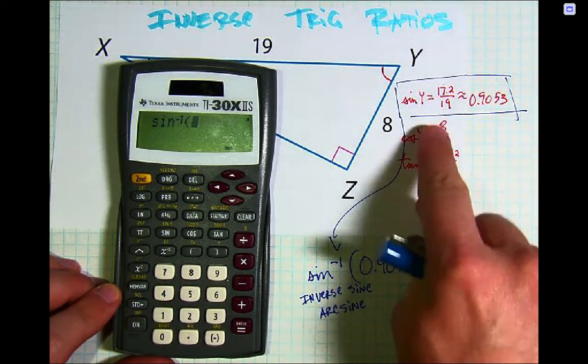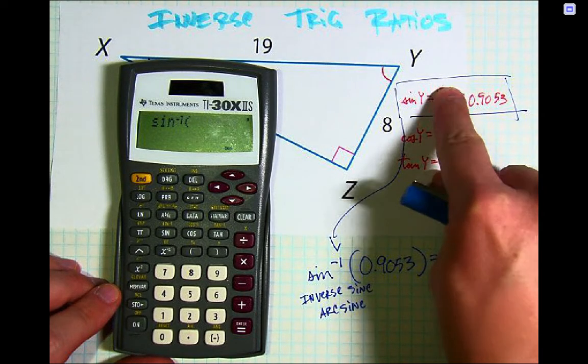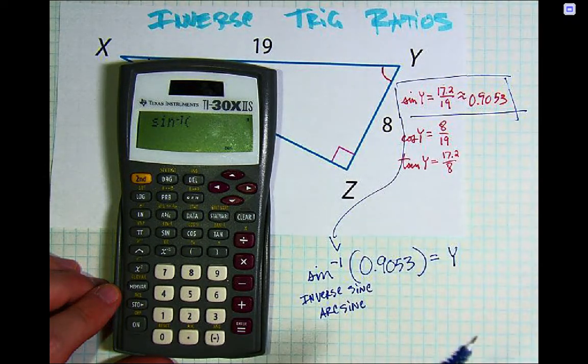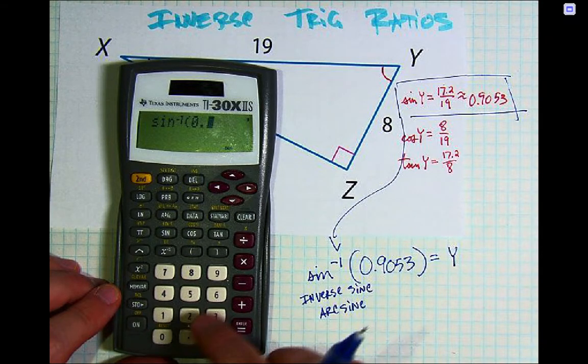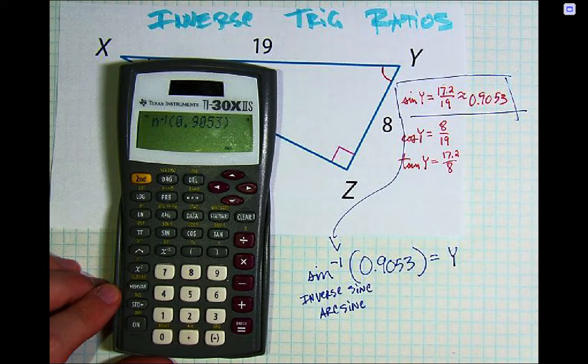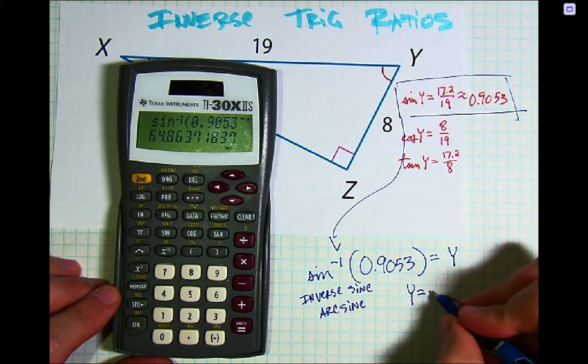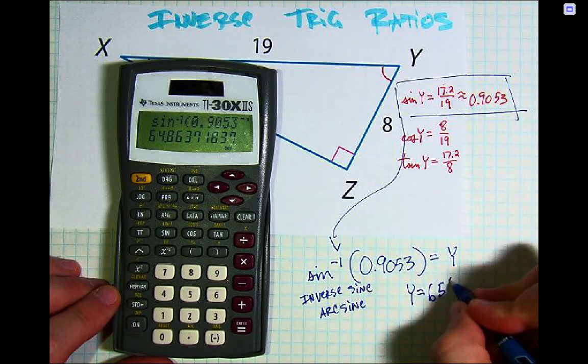And then I can put this decimal, or I could just put this ratio if I wanted to in there, 0.9053. And guess what it's going to spit out? Y is about 65 degrees.